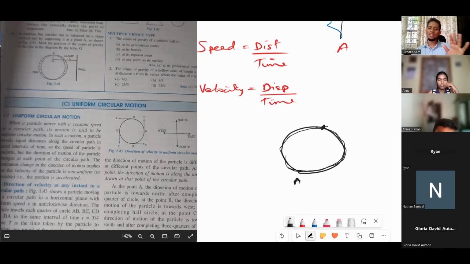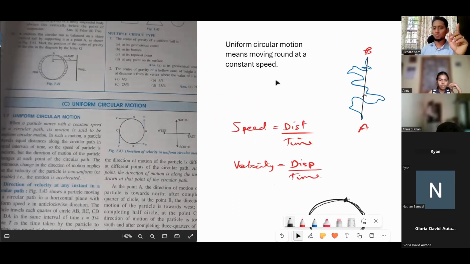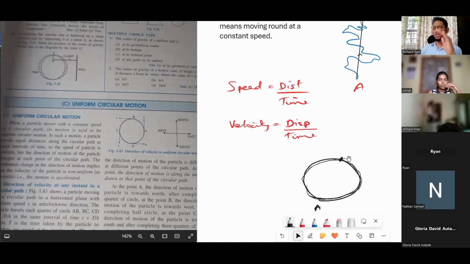Understand? Because of that, constant speed is not constant velocity. Constant speed means I'm moving at the same speed, distance is increasing equally. But velocity is increasing and decreasing. The farther I go, velocity increases. Then velocity decreases, because of displacement.